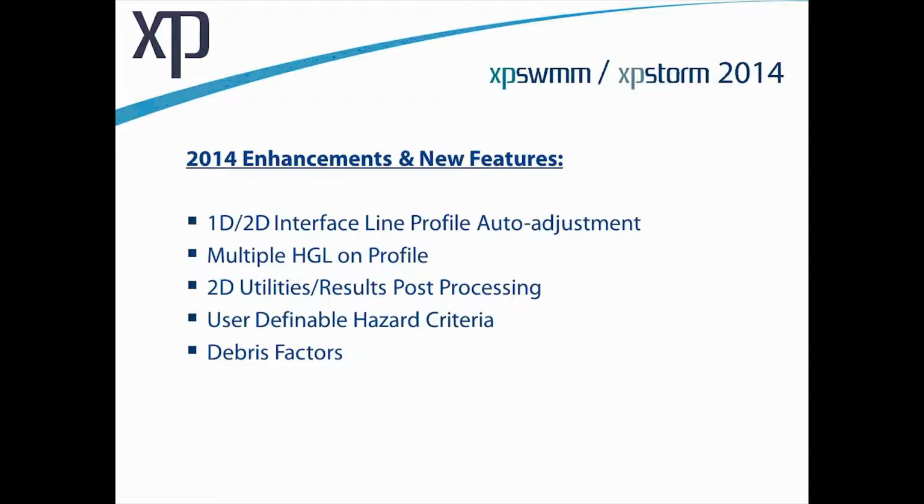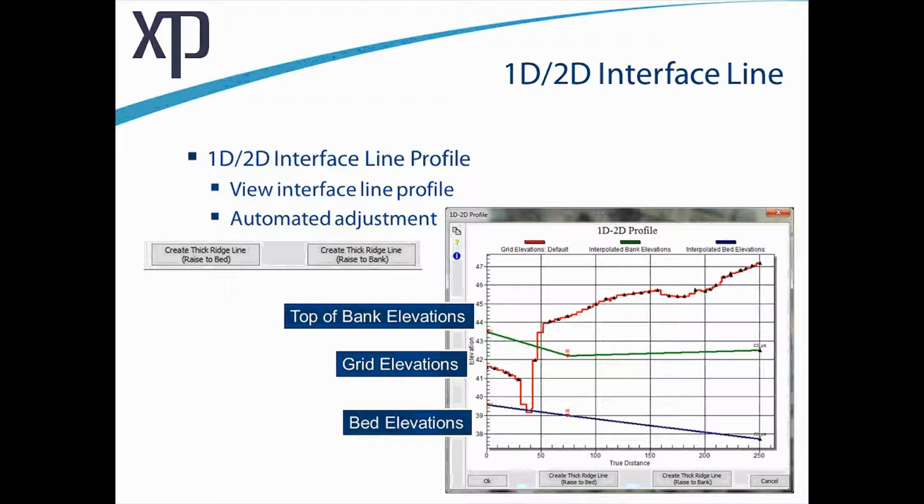So moving on to some of our other enhancements and new features. The 1D 2D interface line is a really important part of any 1D 2D model. When you link 1D open channels with a 2D floodplain or 2D mesh, the interface line is where the exchange of water occurs, and this boundary is really critical for creating a good sound 1D 2D model.